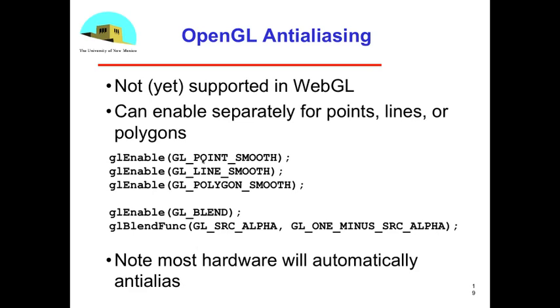So anti-aliasing of points makes them look a little more like little circles, and you could smooth triangles separately by enabling polygon smooth, line smooth, or point smooth. But as I said, this is not yet in WebGL, although I expect it'll probably be there in future releases.